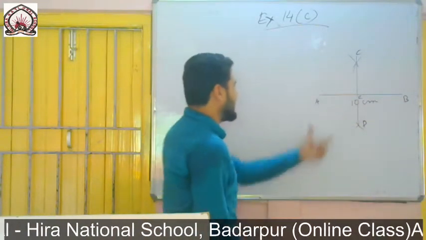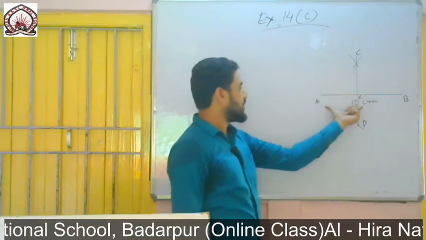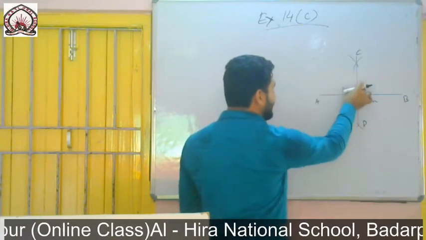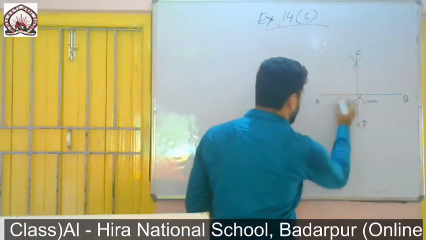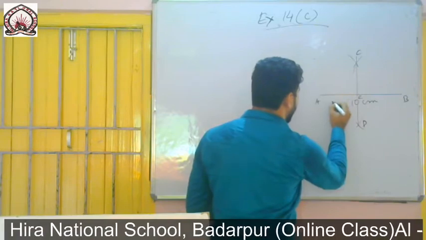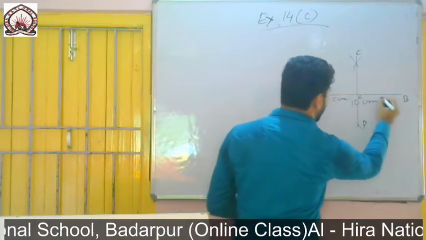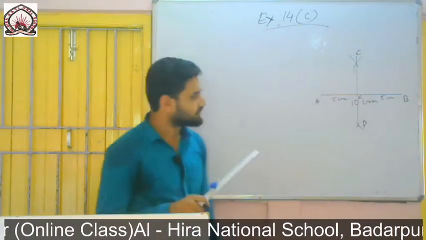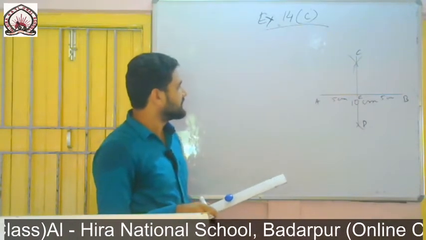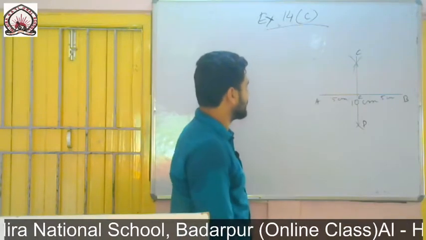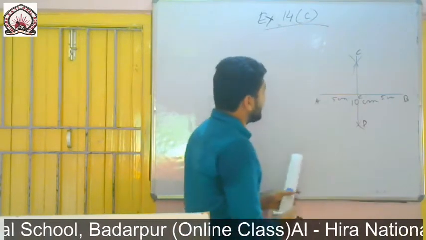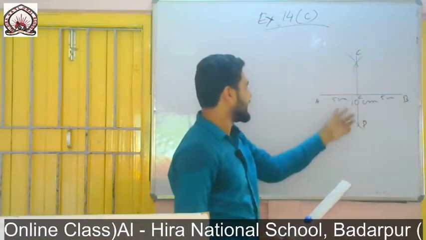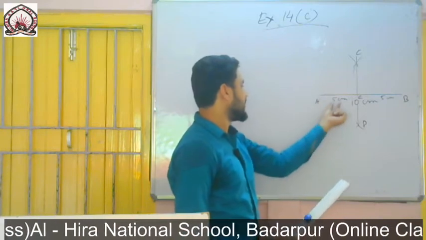Now we bisect A and E. So how to bisect A and E? If we bisect 10 centimeter into 2 parts, then this section will become 5 centimeter, and that will be 5 centimeter. Now you take A and E and bisect it.